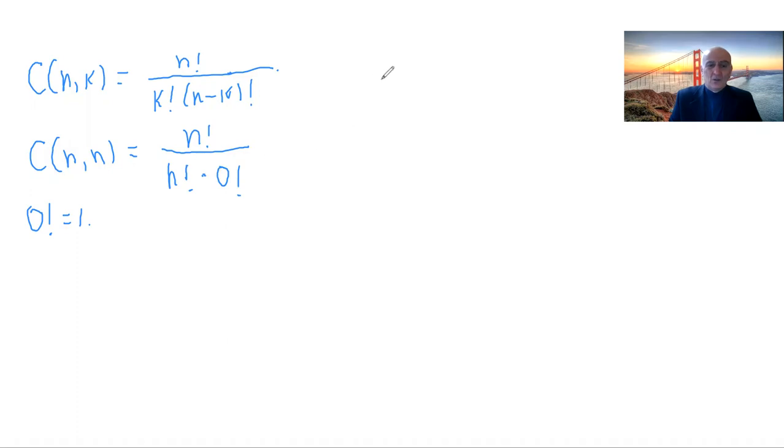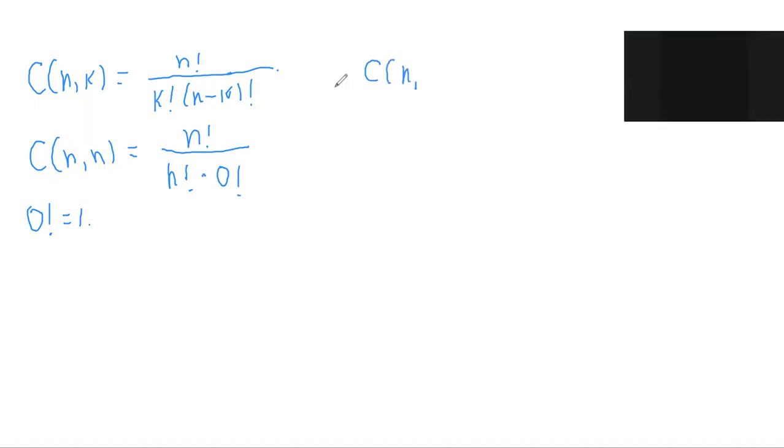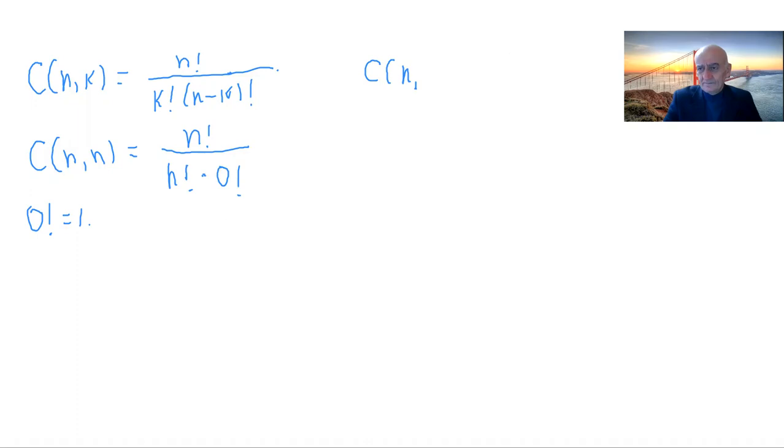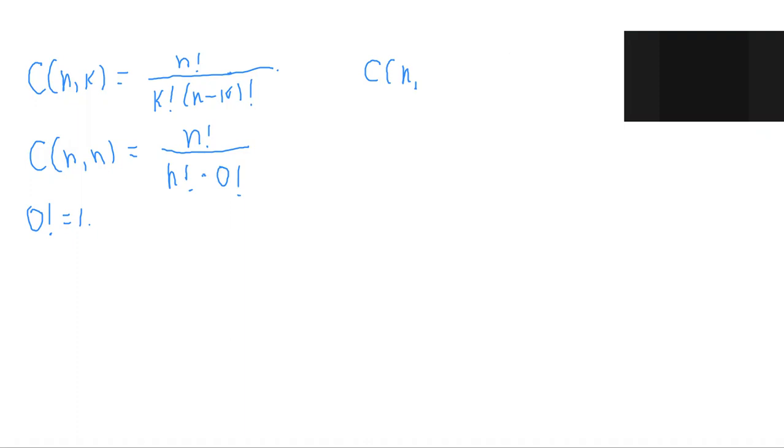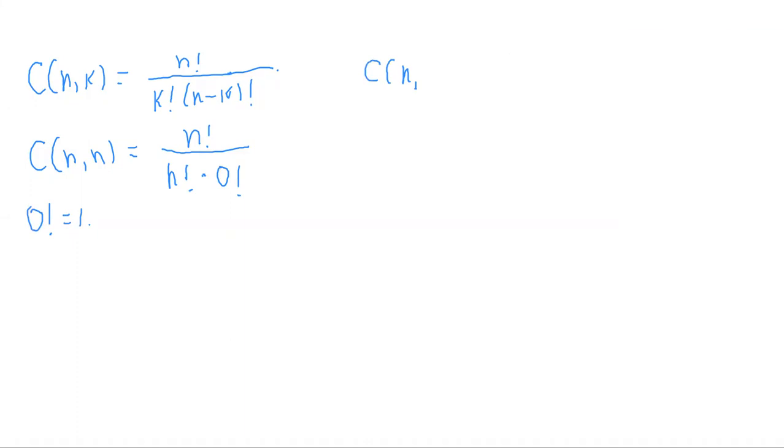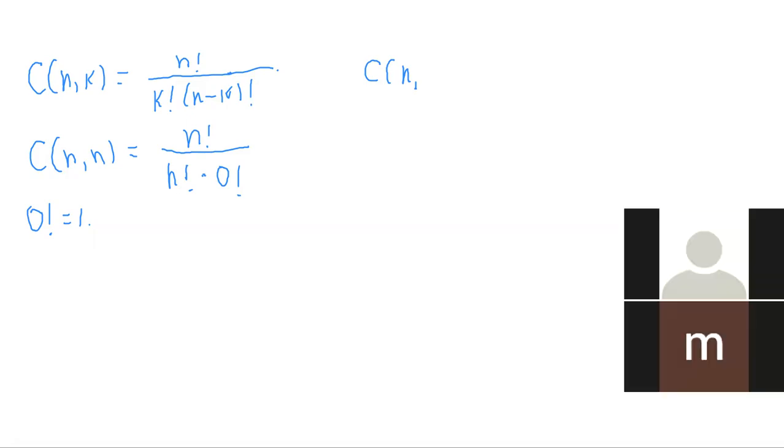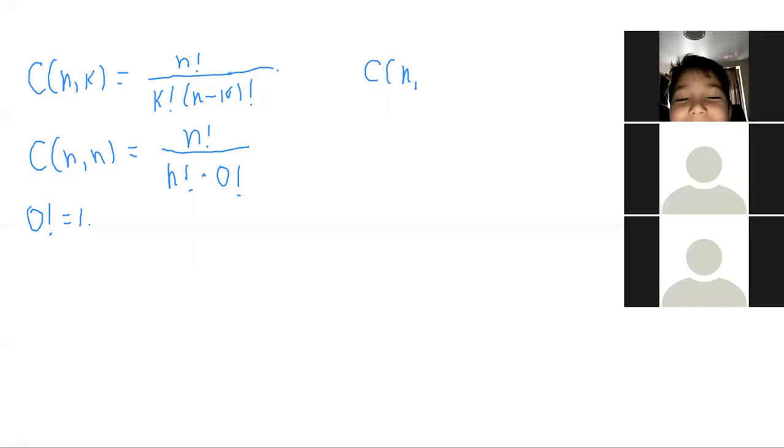Okay, now what is C(n,0)? I mean, by combinatorial reasoning, what does C(n,0) mean?